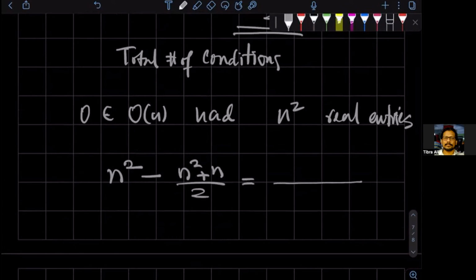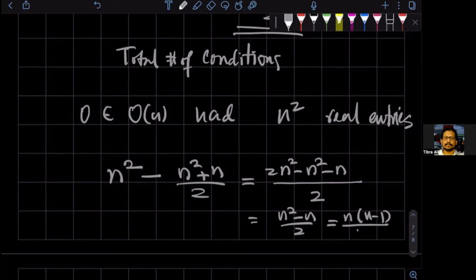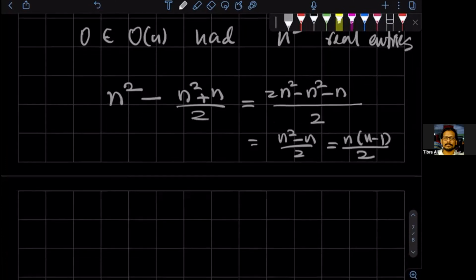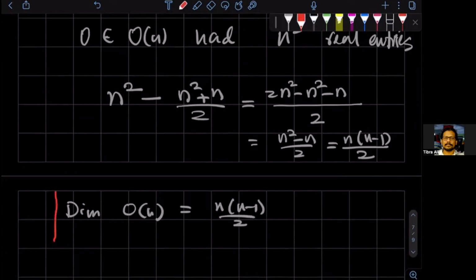And if I do this, I get (2n squared minus n squared minus n) over 2, so I get n(n minus 1) over 2. Right? So the dimension of O(N) is n(n minus 1) over 2. Is the counting clear?